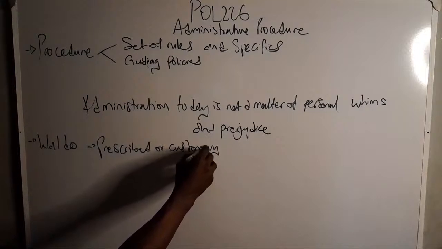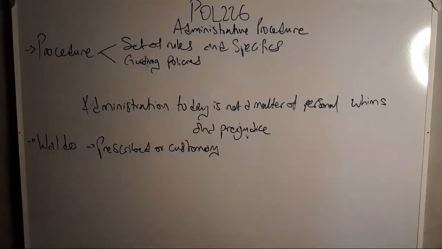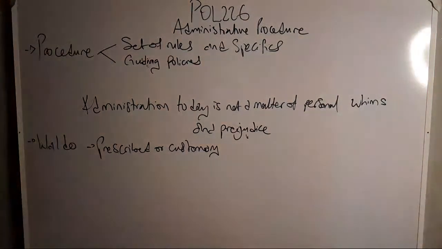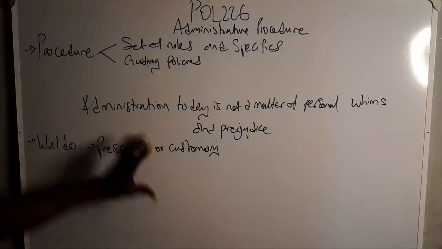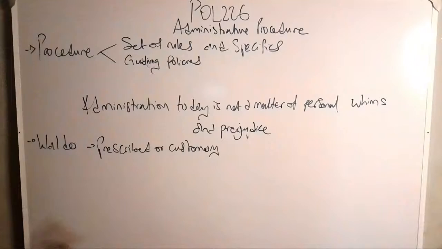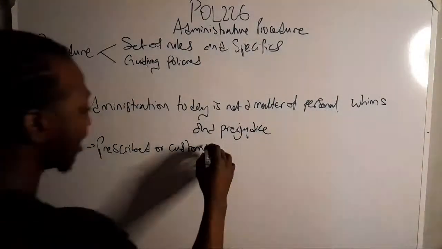When we say customary, you don't go out of that. This is how things are being done here. The prescribed is what you are being told, what you are being instructed, what you are being trained to do. The prescribed or customary is the way of life, the way things are being done in an organization.